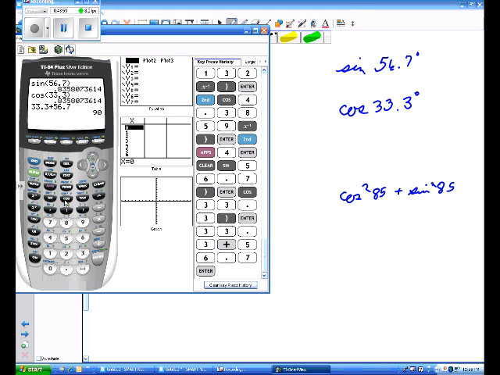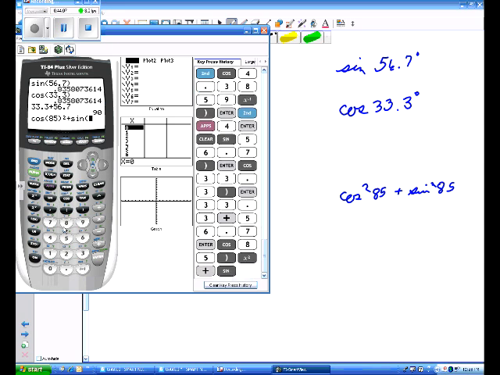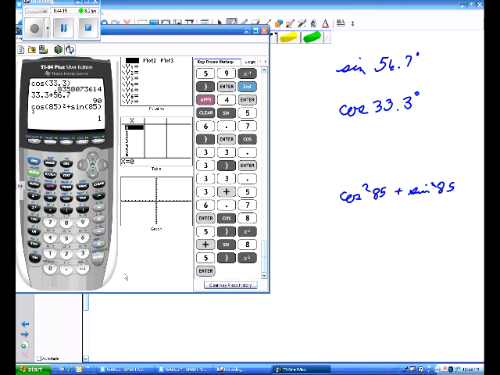For cosine 85 squared, remember what we have to do is do cosine of 85, then close our parentheses and square it so that it gets that function first, plus sine of 85 squared, and then when we press enter it should give us 1. And so again, we could use our calculator to verify some of our trig functions.